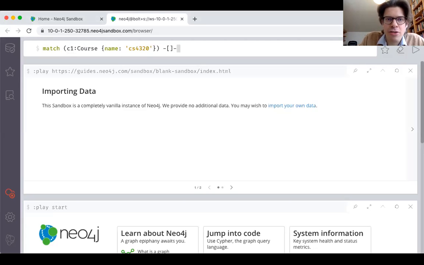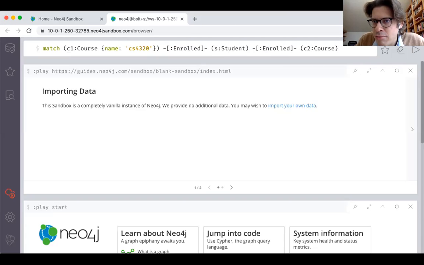Then we want this connected via the enrollment relationship to the student taking it. And that student should also be in an enrolled relationship with the other course that we are interested in. And finally, we're interested in this other course.